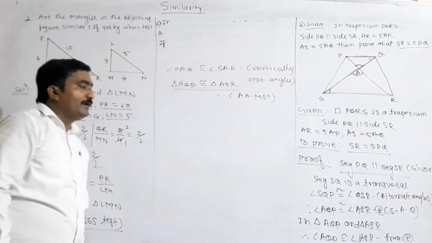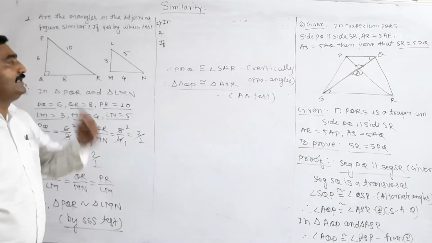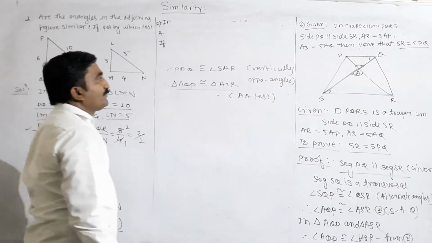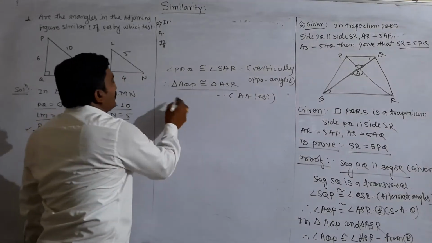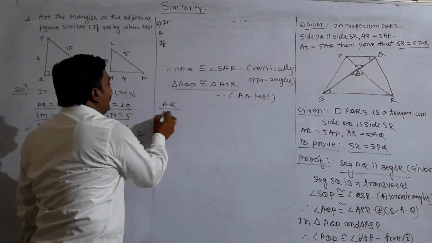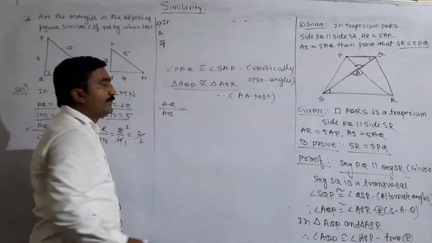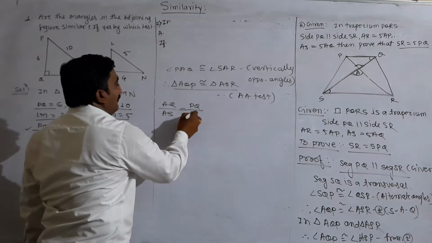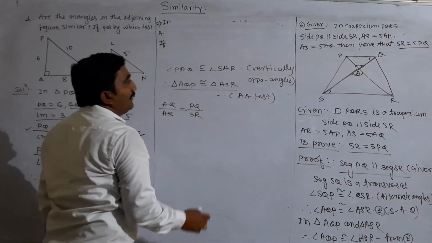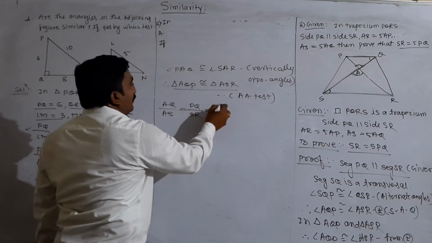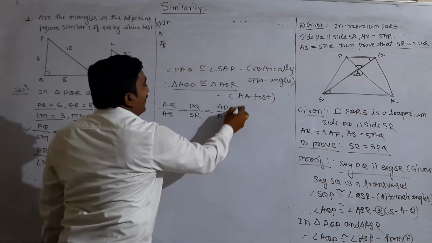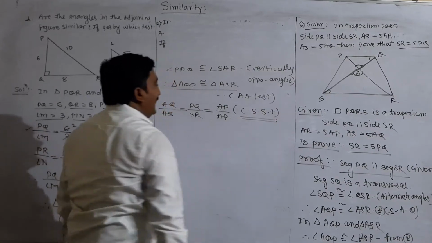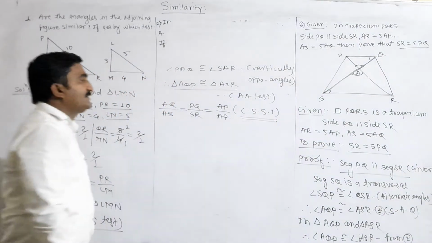When two triangles are similar, their corresponding sides are in proportion. So AQ divided by AS is equal to PQ divided by SR, which is equal to AP divided by AR, corresponding sides of similar triangles.